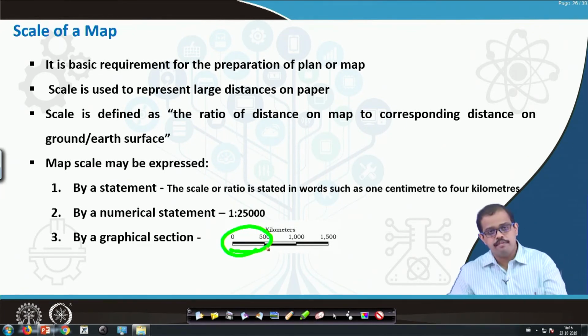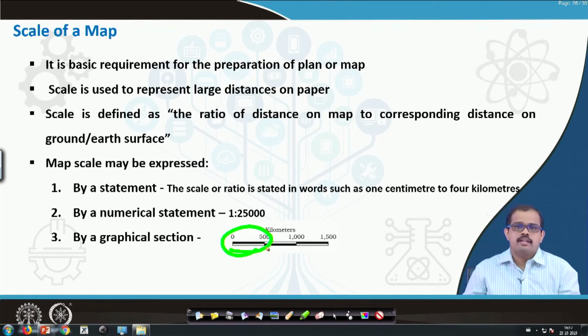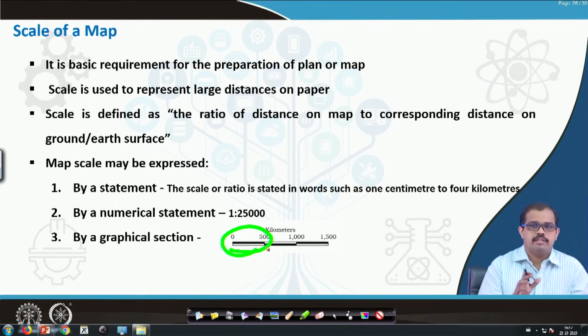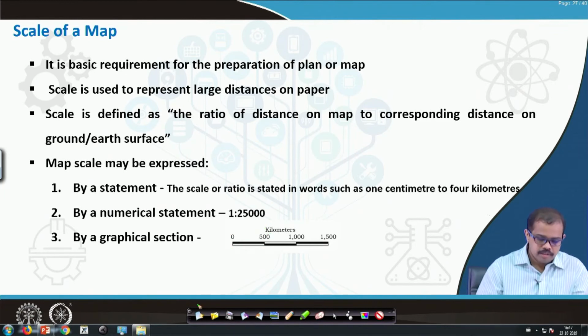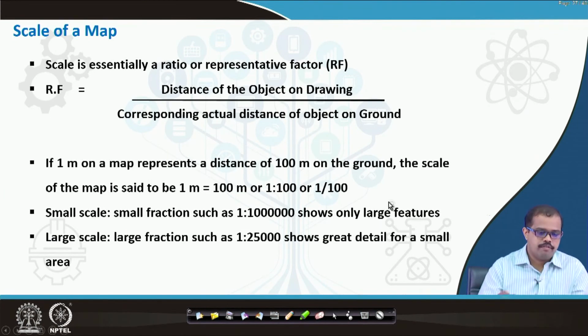So now if you are using this unit, you can measure what is the size of that particular image. Okay, what is the area of that particular image, the length from one end to the other end, etc., can be easily found out by just using the scale. That's why you need a scale for a particular map. Okay, so this is about the scale of a map.